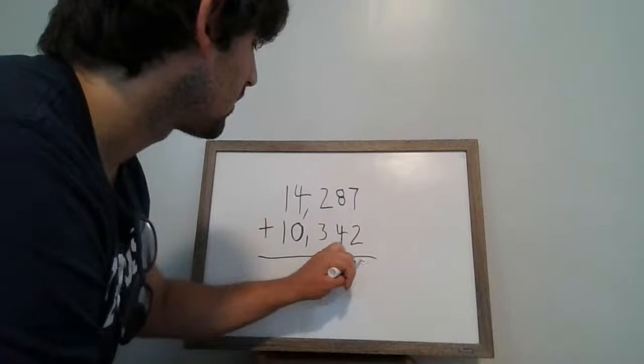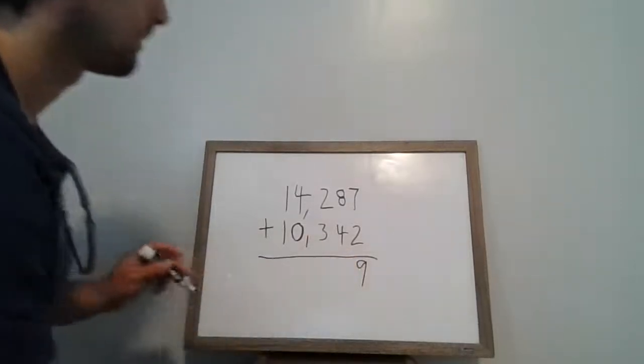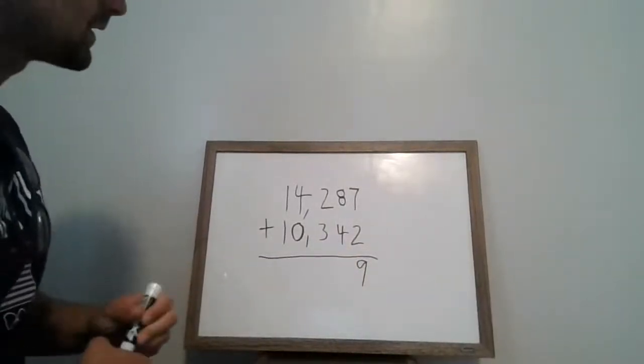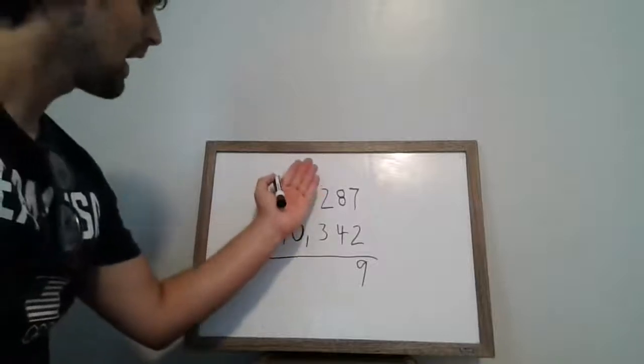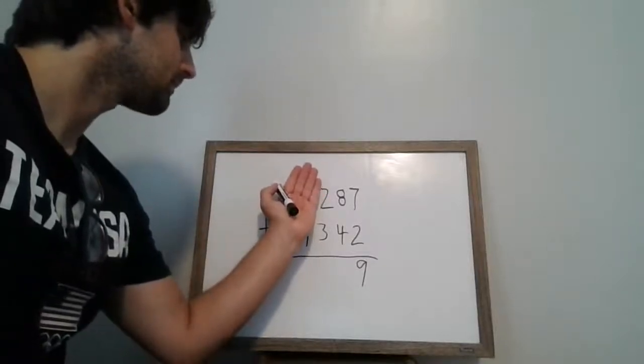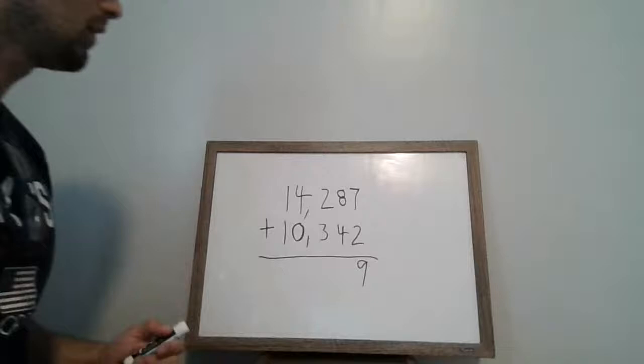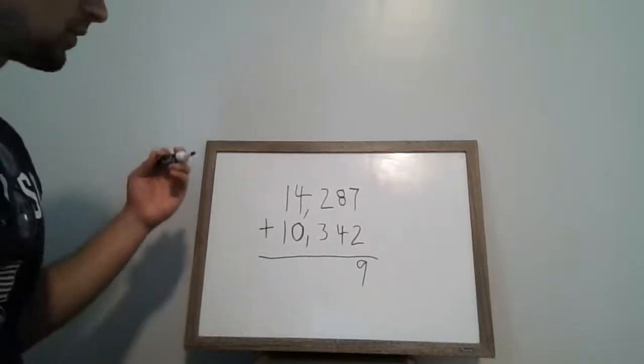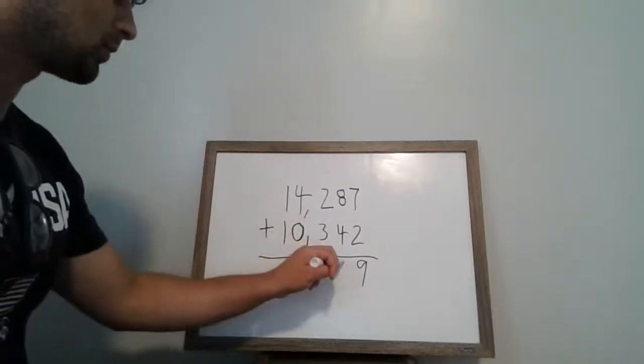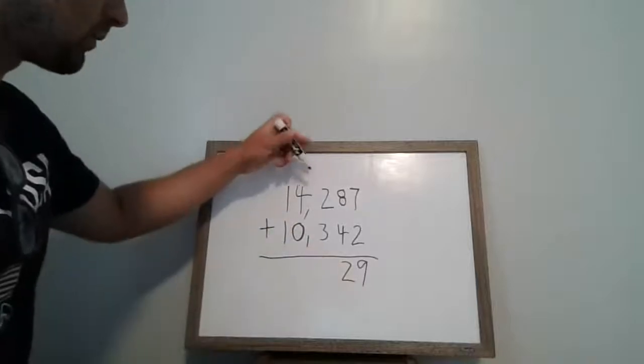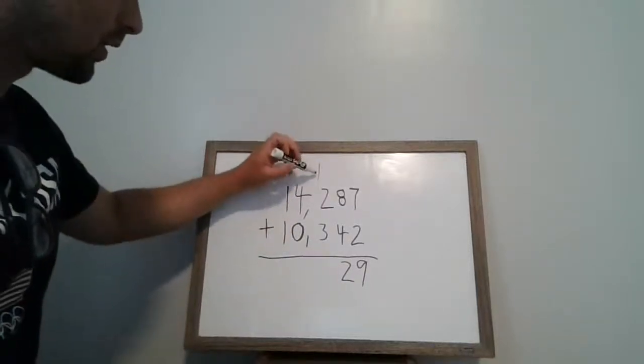Since the number is less than 10, we don't need to regroup. 8 plus 4 is 12. 12 is more than 10, so we do need to regroup. The 2 in the number 12 we're going to put in the tens place. The 1 in the number 12 we're going to carry over to the hundreds place.